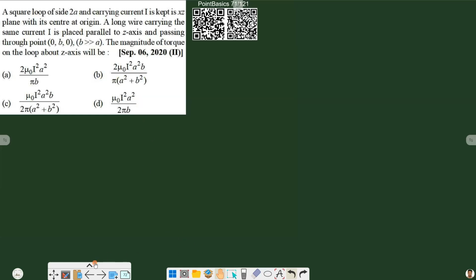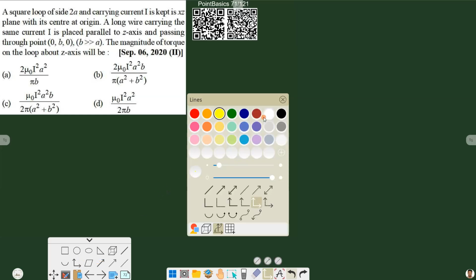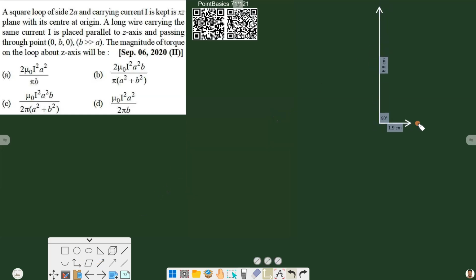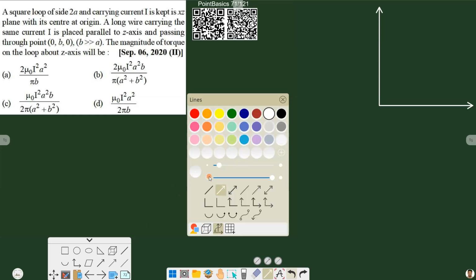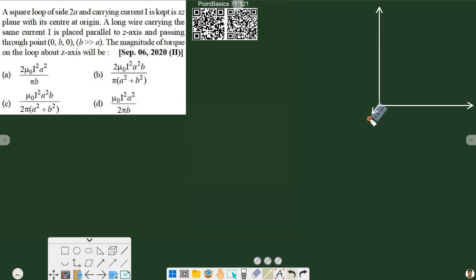So first of all, let's draw the diagram. And we need Z axis also. So this is X axis, this is Y axis, and this is Z axis. And we have a square loop of side 2A kept in XZ plane.